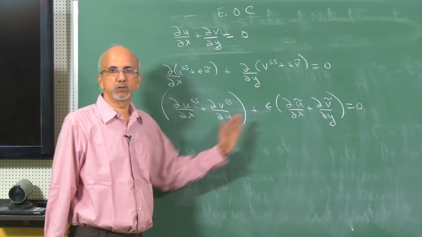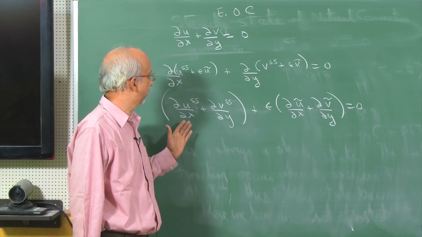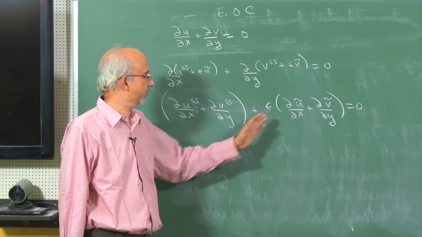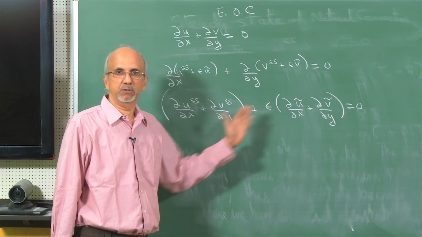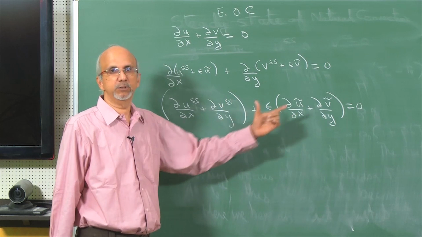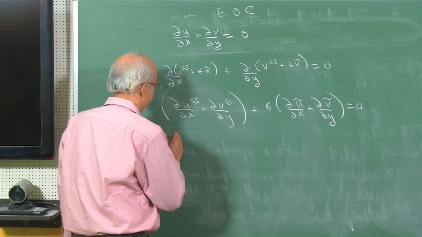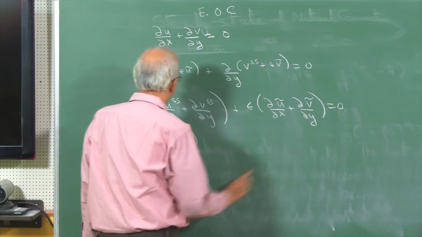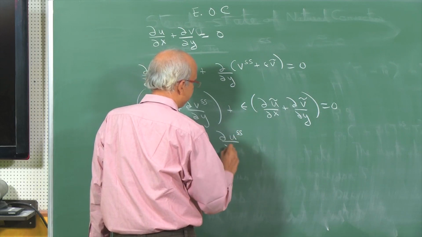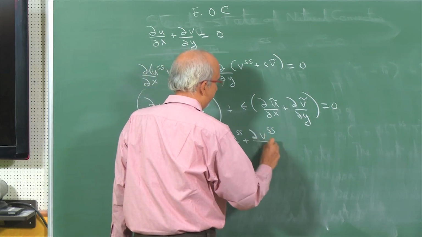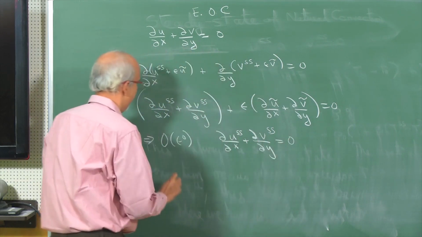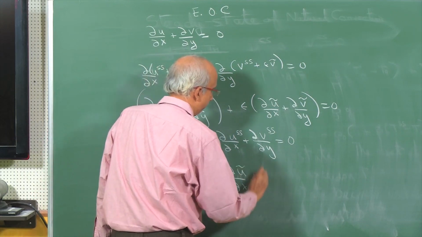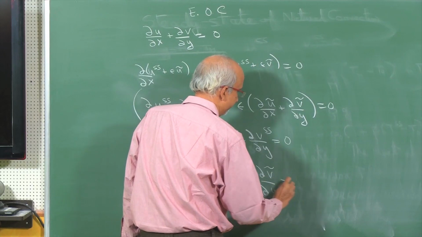Now, we want this to be true for all values of the functions in the perturbation, and since this is of order 1 and this is of order epsilon, the only way this equation can hold is if these are individually 0. In other words, at order epsilon to the power 0, I have duss by dx plus dvss by dy equals 0, and at order epsilon to the power 1, I have du tilde by dx plus dv tilde by dy equals 0.